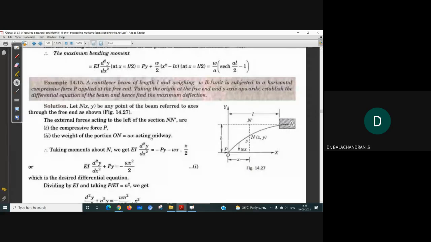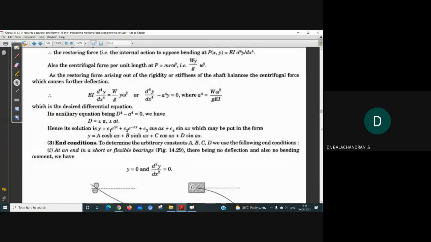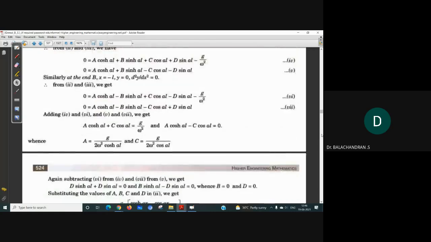I think the Grewal book is with you or not? I shared the book in the group already; otherwise, I will share it. Try to solve the problems in bending of beam, and similarly the electric circuit problems.